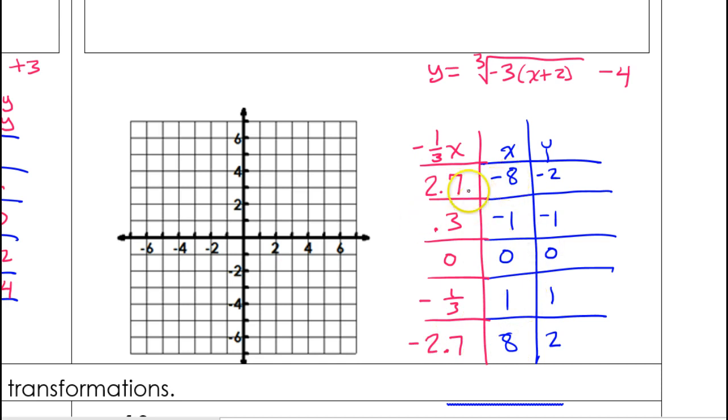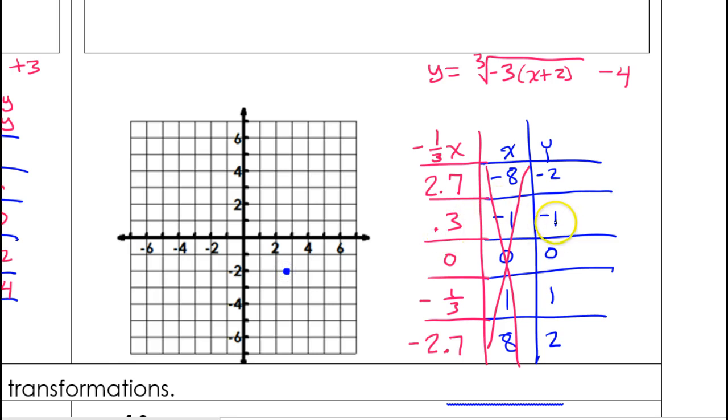So we have our new x column, so I will disregard my old x column. So I'm going to go ahead and graph these points, but this will be the parent function, because we still have to go left 2 and down 4 later. So 2.7 comma -2. Alright, 2.7 comma -2, that's going to be about here.